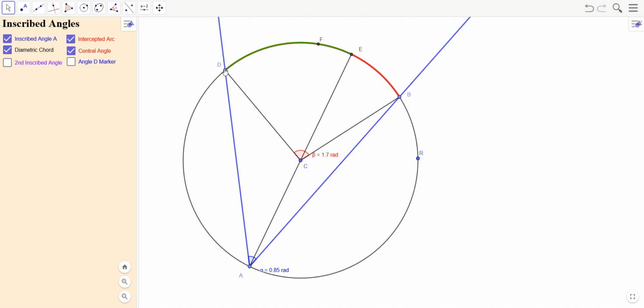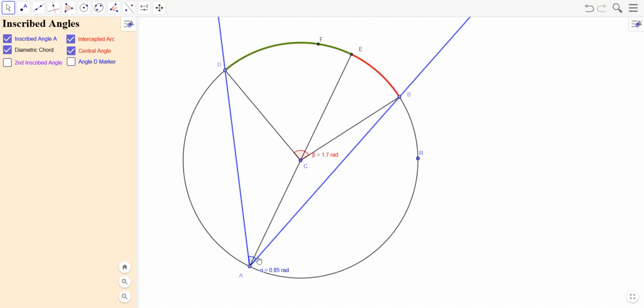So that angle from DA to E is going to be half the measure of this green arc here. Similarly, we have the same thing here. Angle BAE fits the criteria for case 1, and so its measure is half the measure of this red arc.